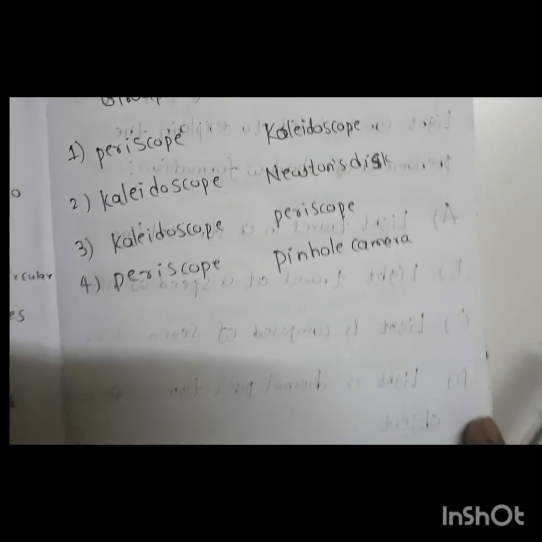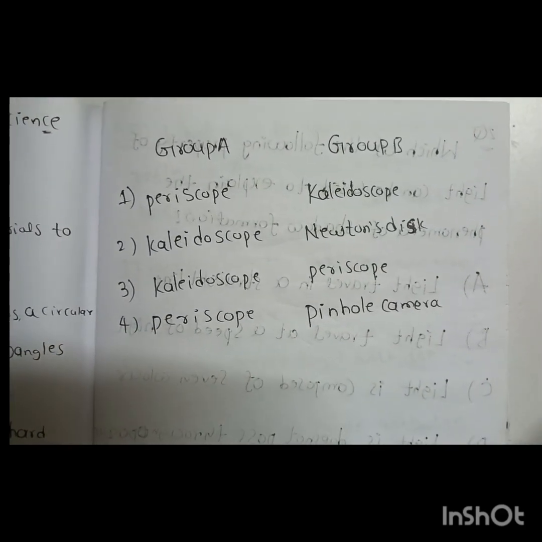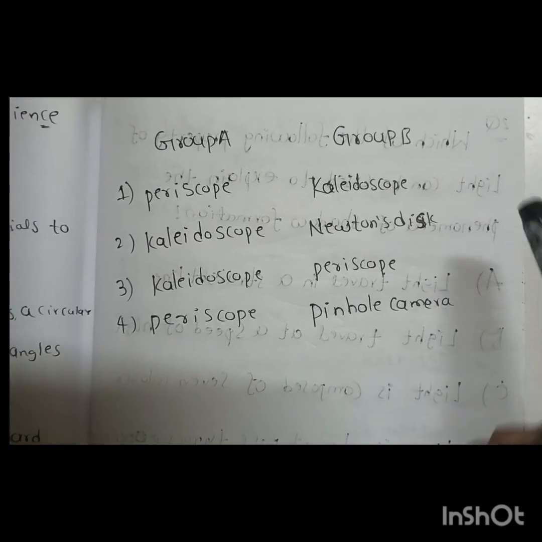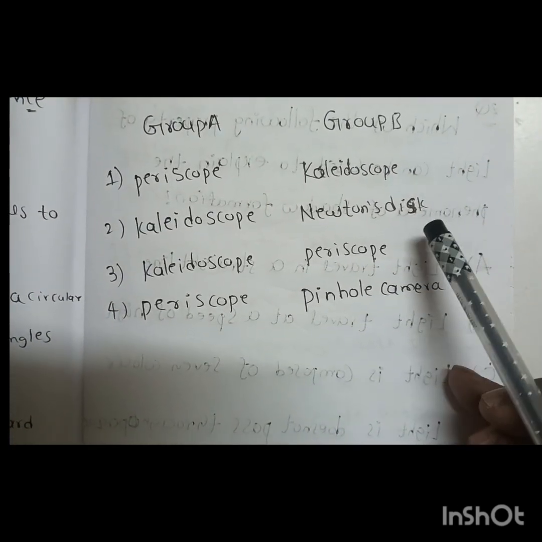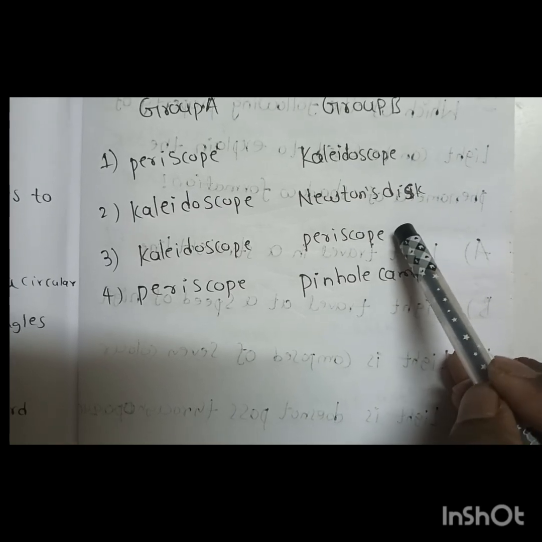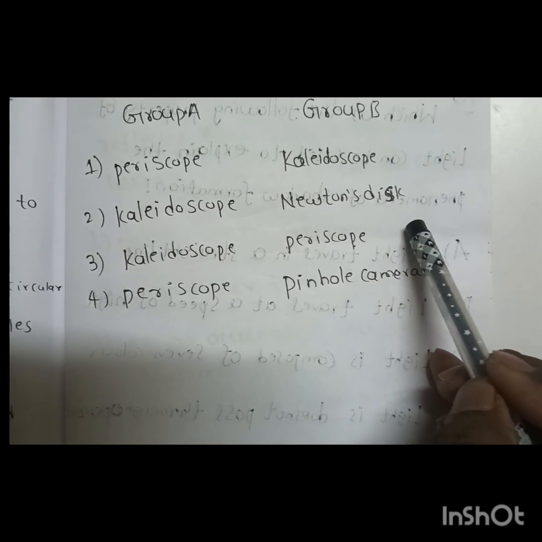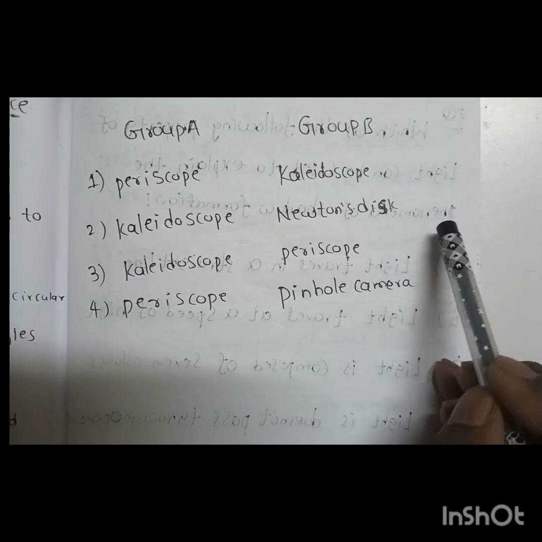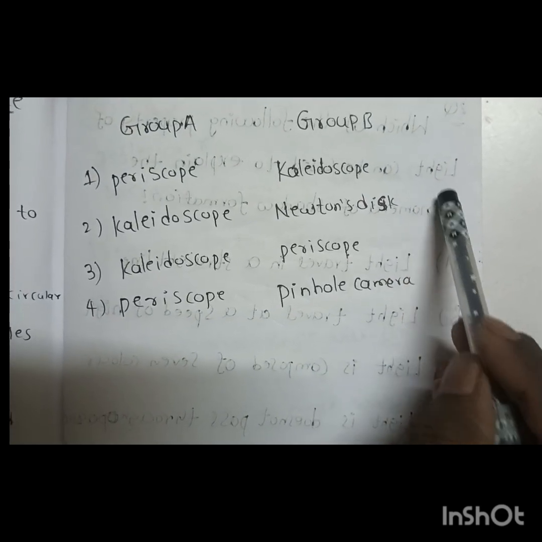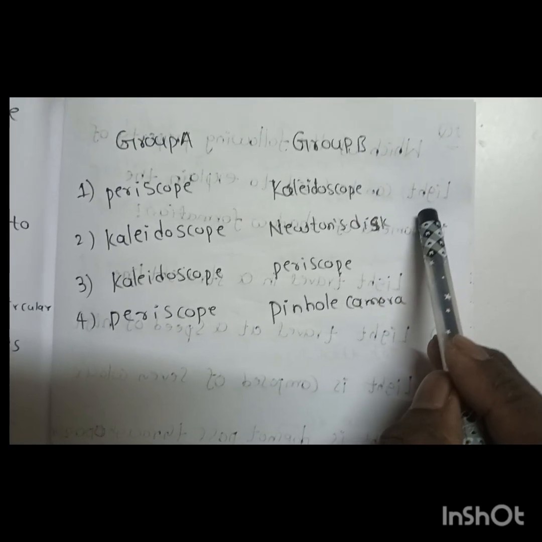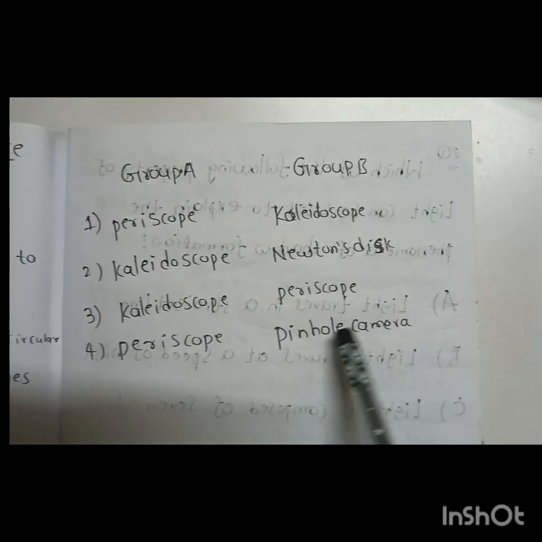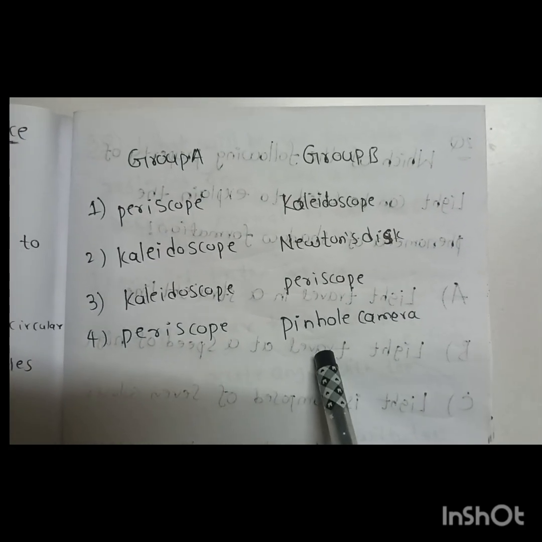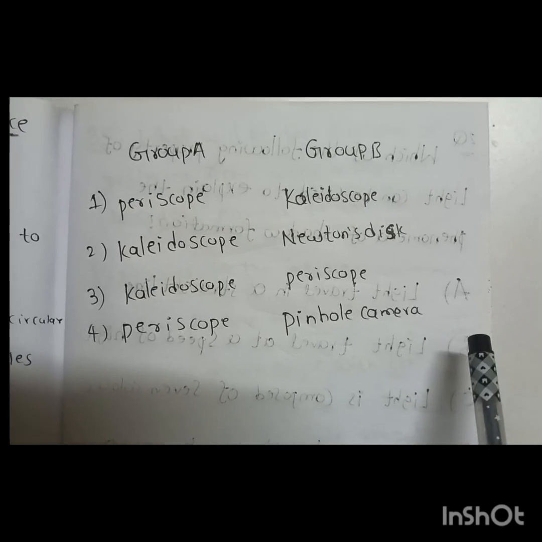So this can be done only by using these materials. You can prepare a periscope only. They can't prepare the kaleidoscope, and Newton disc has some circular shape of model, and pinhole camera can be done with the two boxes.